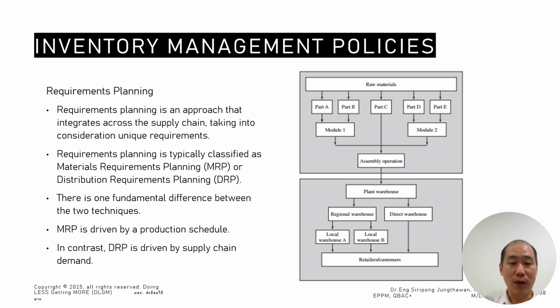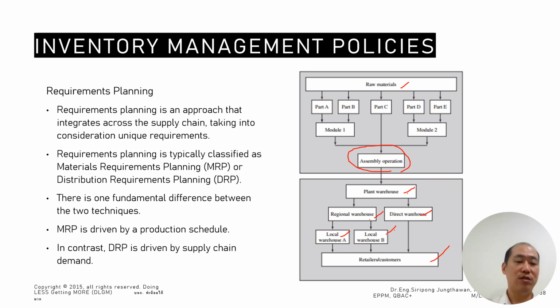So you have to know about raw material, and then we have parts A, B, C, D, and E, and then we have module 1 and module 2, and you assemble them to be the SMB, the operation, and then you have the plant warehouse. You have to know the inventory here and here and here, and then you decide the inventory in each location. So you have to decide.